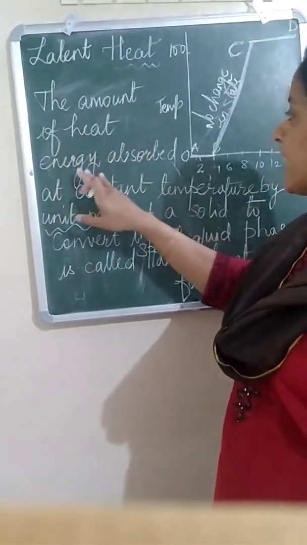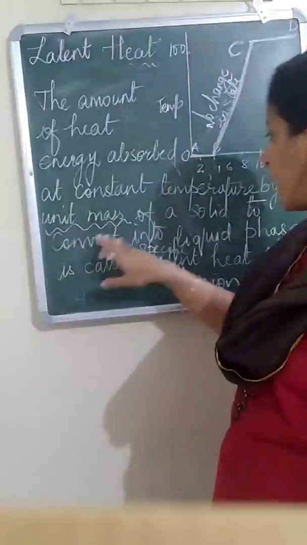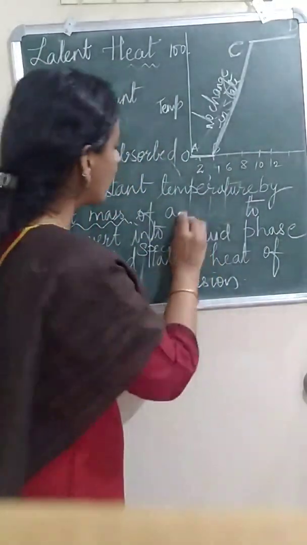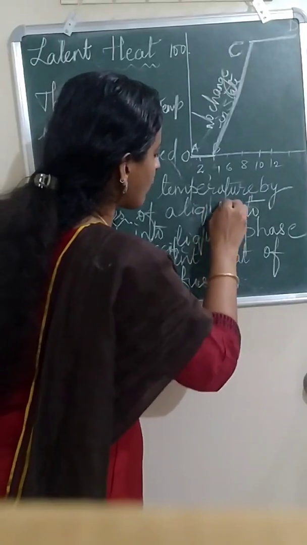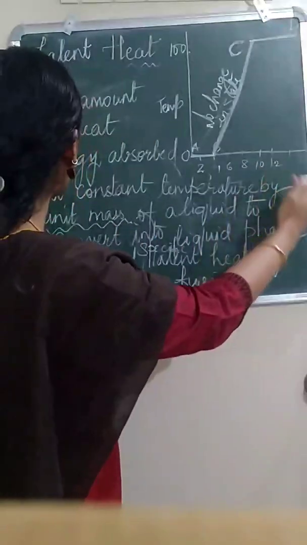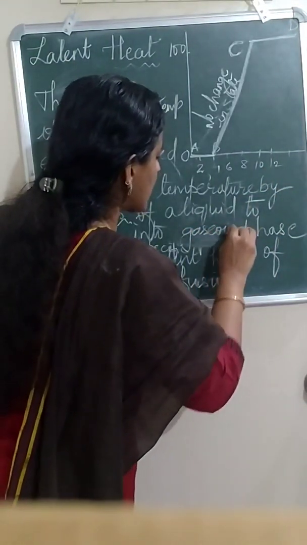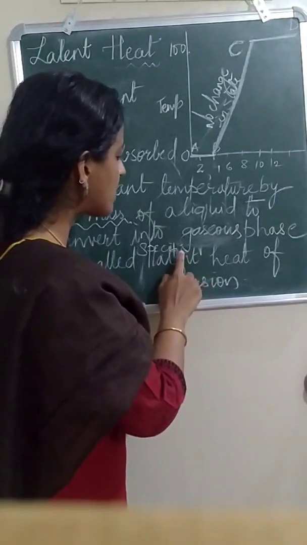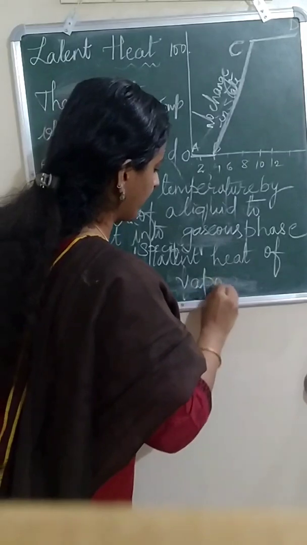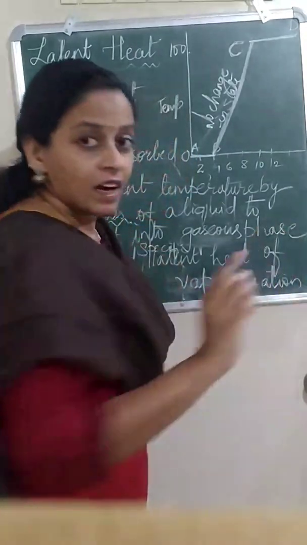Define latent heat of vaporization. The amount of heat energy absorbed at constant temperature by unit mass of a liquid to convert into gaseous phase is called specific latent heat of vaporization. Understood?